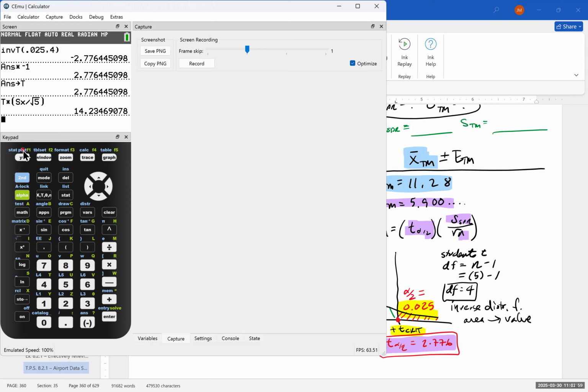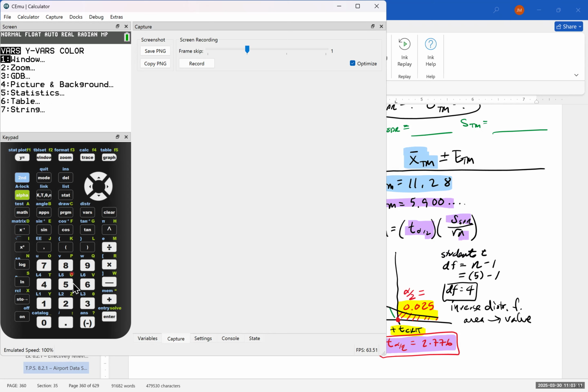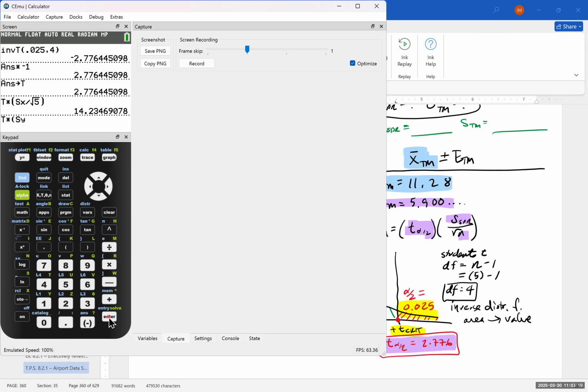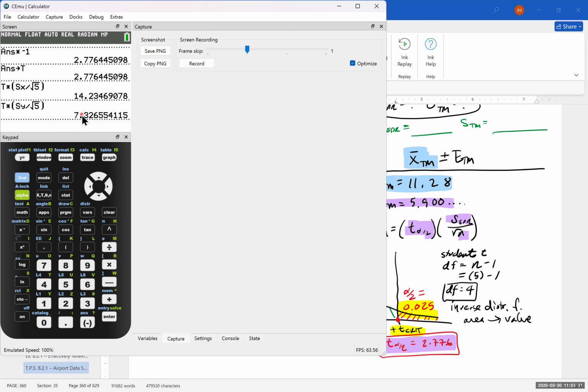Let me do the same thing, but let me use the sample standard deviation for T-Mobile, which is this Sy. There we go. Right arrow, right parentheses. Okay, and there's the margin of error for T-Mobile.